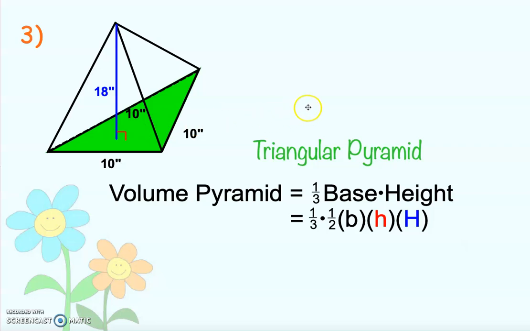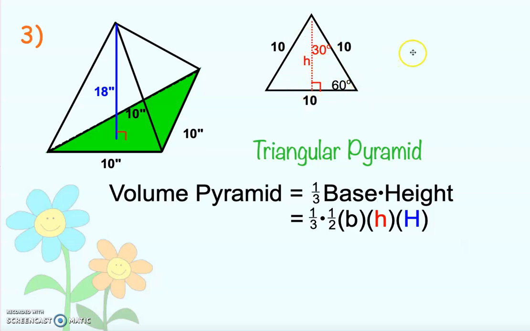Well, let me come over here and I'm going to draw that little triangle right there. We know each side is 10. And, well, if each side is 10, each angle's got to be 60 degrees. And when I draw in little h height, I get a 30, 60, 90 triangle. So hopefully you know your 30, 60, 90s well enough to know that little h is 5 radical 3.